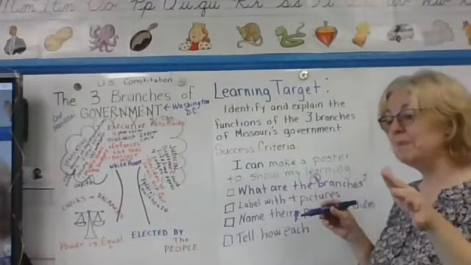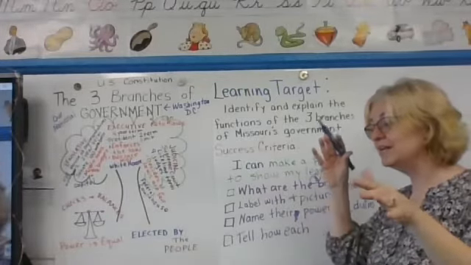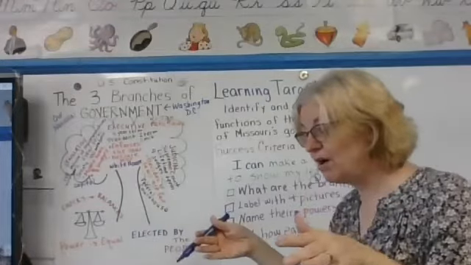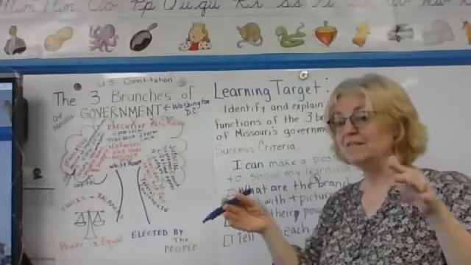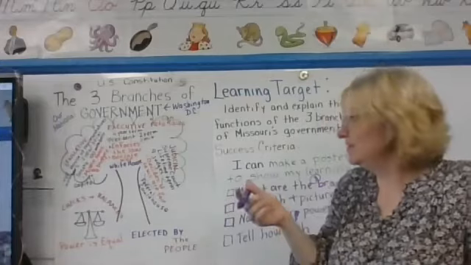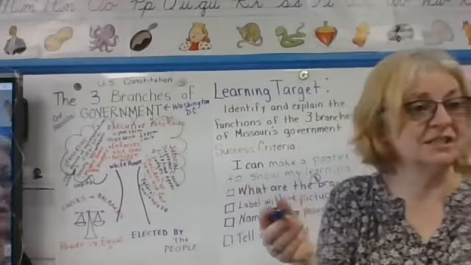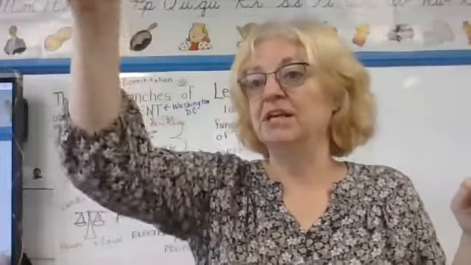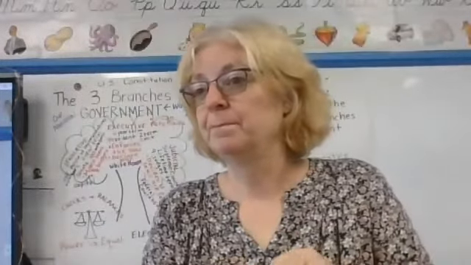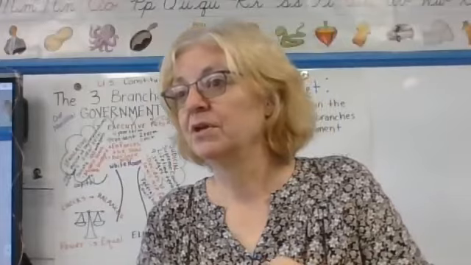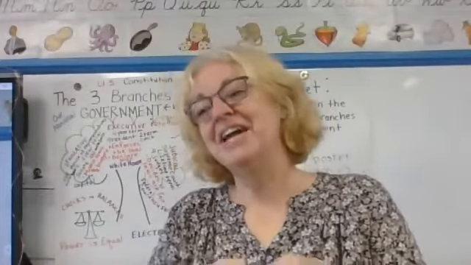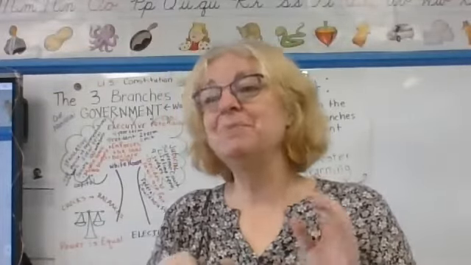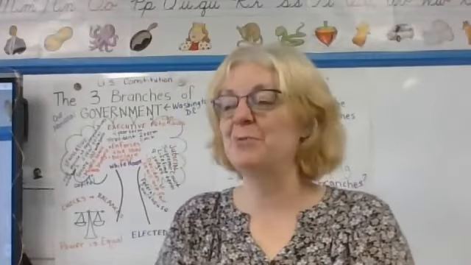Okay, so one of them can make laws and the other one can veto a law, but what's one that the legislative branch maybe does that can stop something or check something? Yes, Brooks. Yeah, they can do impeachment. They can remove a president from office.